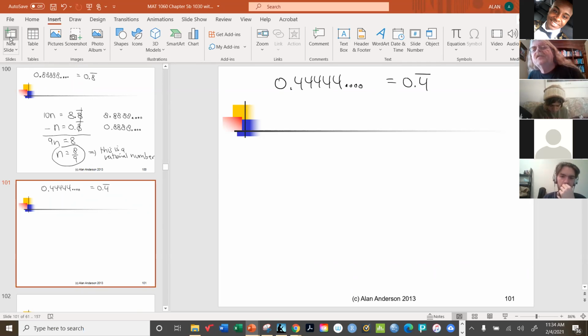What is the ratio of two integers that we can create from 0.4444? How do we determine what number we're interested in? This is right. In other words, here, this would just be your n. Okay. So I want that to be converted into a ratio.